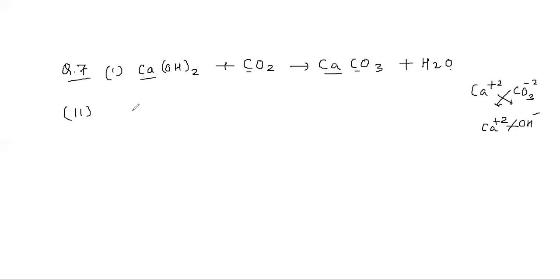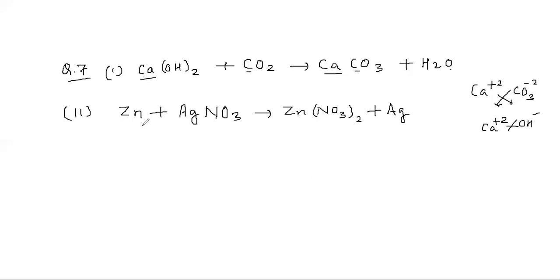The second part is zinc, Zn, plus silver nitrate, AgNO3, gives zinc nitrate, Zn(NO3)2, plus silver, Ag.